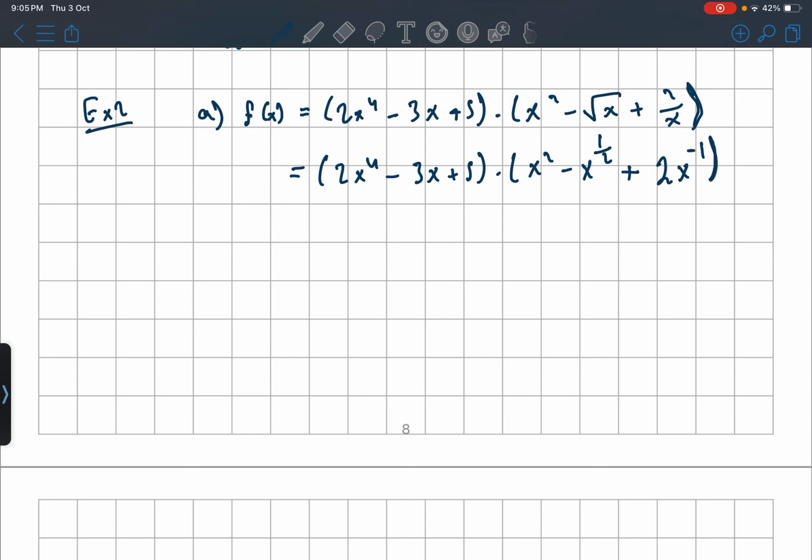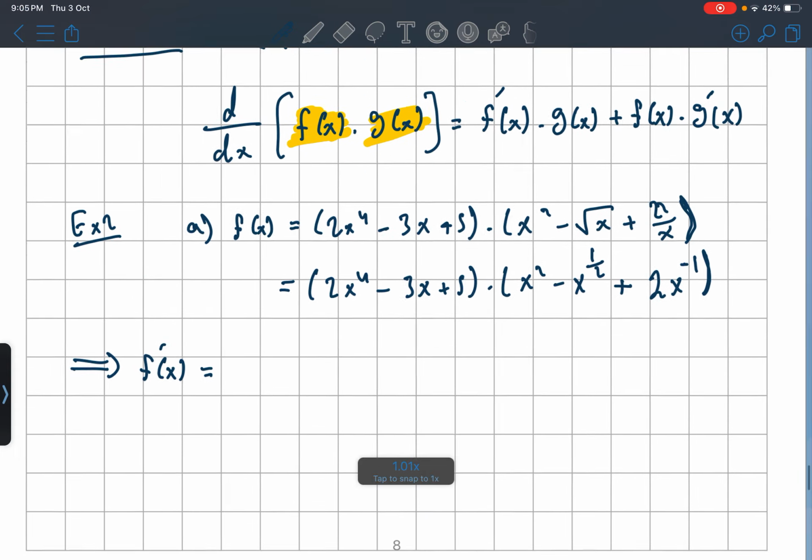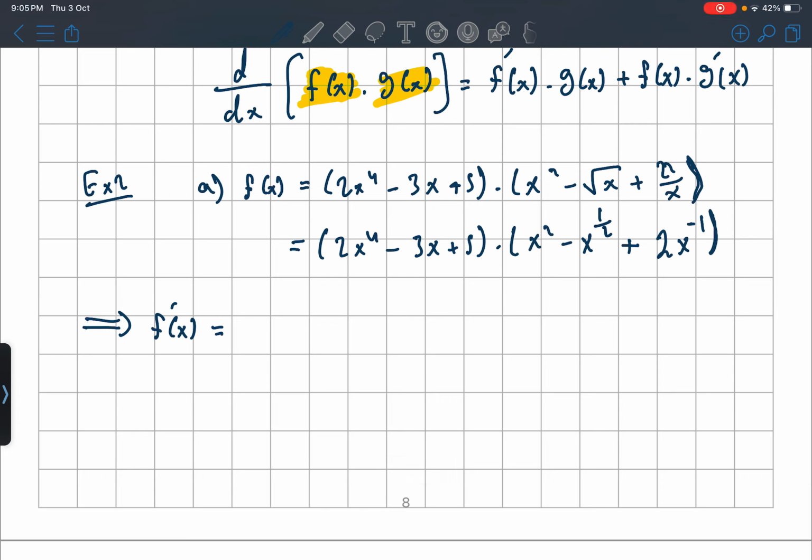Then you can find the derivative of f(x). It will be, as we said, f prime x: you get the derivative of the first one, which is f(x), and here g(x).